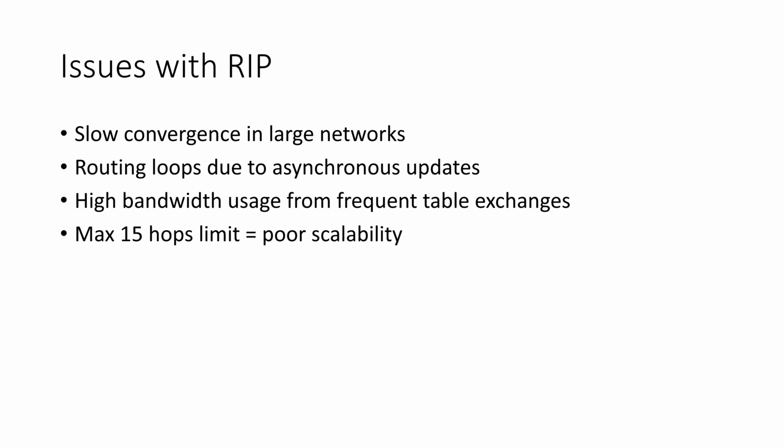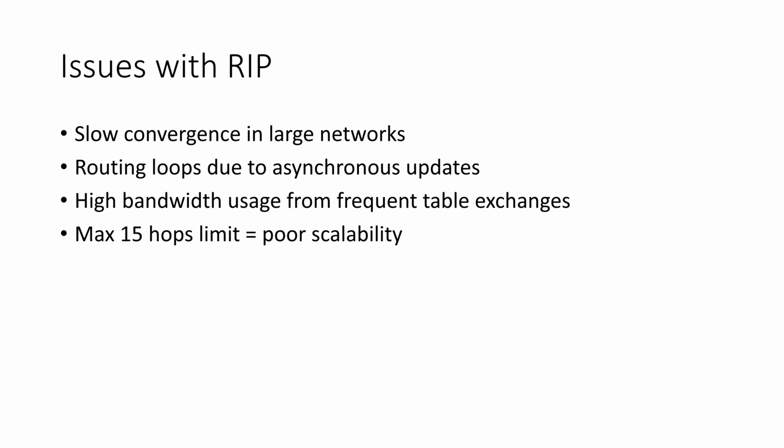So while RIP is simple and easy to implement, it has several drawbacks, especially in large or complex networks. First, it suffers from slow convergence. When a link fails, it takes time for all routers to update their tables and settle on a consistent view of the network. Second, due to asynchronous updates, it's prone to routing loops where data can circulate endlessly between routers.